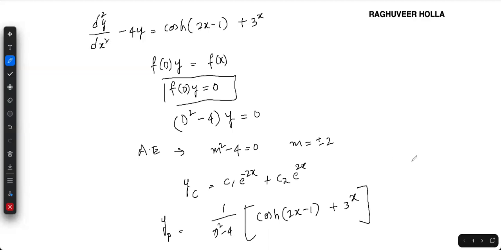Okay, so let us take this first part as p1 and this second part as p2. Let us find this. So p1, as I said, is equal to cos h of 2x minus 1 divided by D square minus 4.